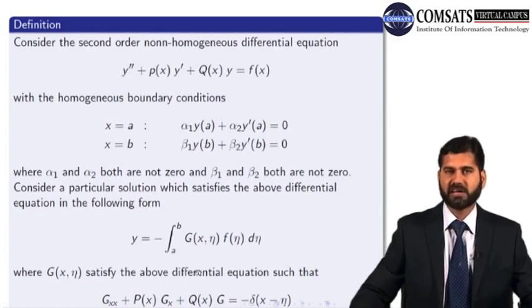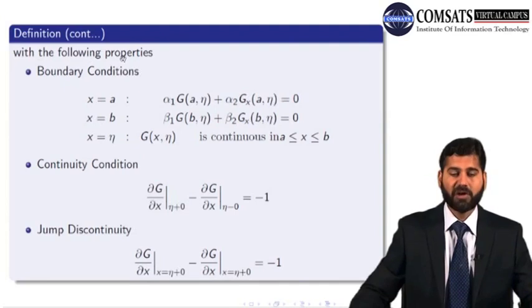Here g is a Green's function, so it should satisfy the same differential equation with the right hand side replaced by the delta function, with the following properties. What will be the properties on g? That g will satisfy the same boundary conditions.